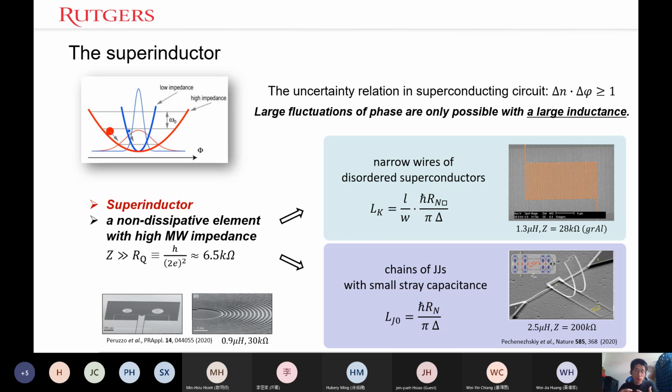Basically, the kinetic energy in the Cooper pair condensate provides the inductance, called the kinetic inductance. And the other approach is using a long chain of junctions, like the one we mentioned earlier in the previous slide, where each junction has a particular inductive response, and together they can give us high kinetic inductance.